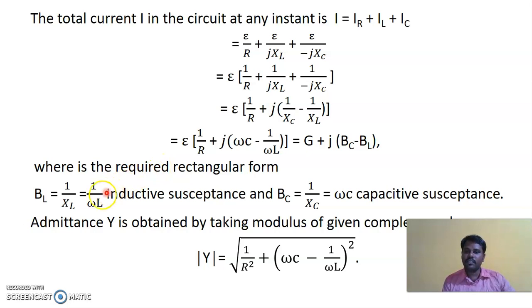Now the admittance can be obtained using the modulus of this, which is given by mod Y, which is equal to the square root of 1 over R square plus omega C minus 1 over omega L whole square.